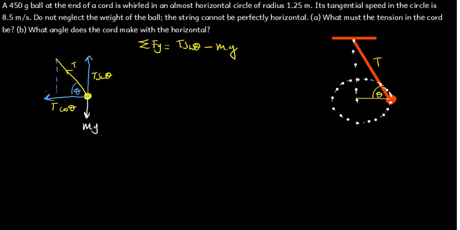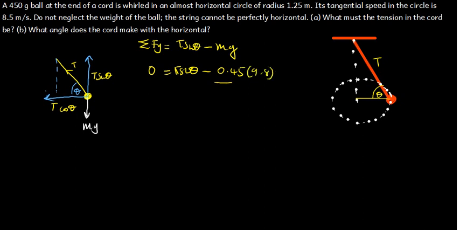Because this mass is moving in a horizontal circle, it is not going up, it is not coming down. The net force in the y is going to be 0. So this is going to be 0, and that will be T sin theta minus the mass, which is 450 grams, divided by 1000 gives us 0.45 kg, and g, that is 9.8.